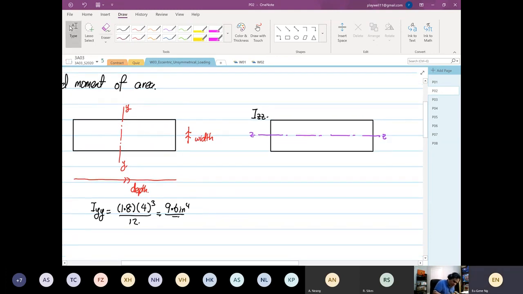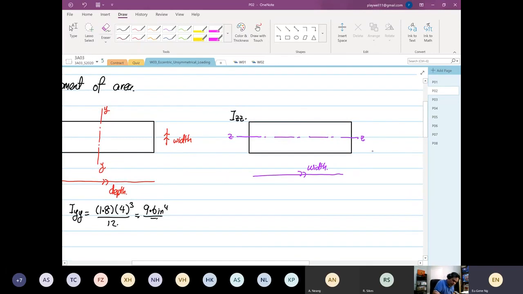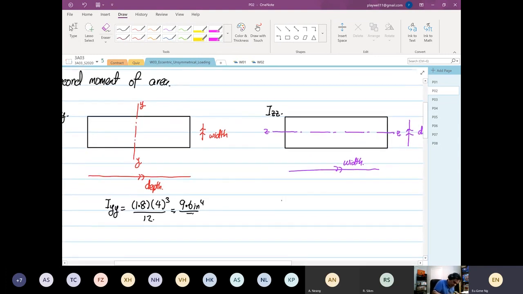In this case, the geometry that's parallel becomes the width, and when it's perpendicular to the axis, that is the depth. So immediately you can specify Izz is equal to the depth times width cubed, divided by 12. So this is equal to 1.8 to the power 3 times 4 divided by 12, which is 1.944 inches to the power 4.